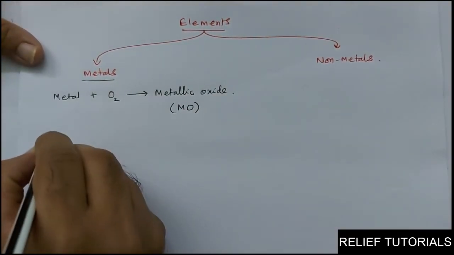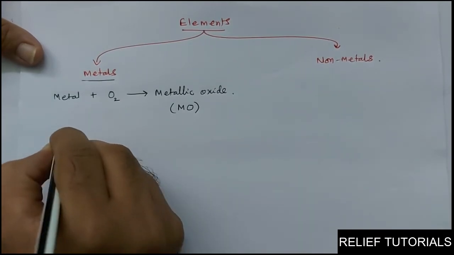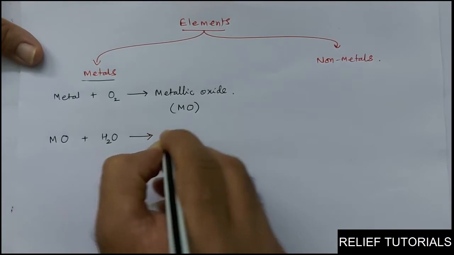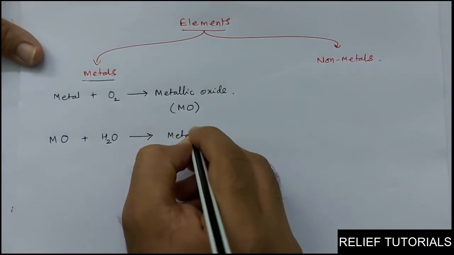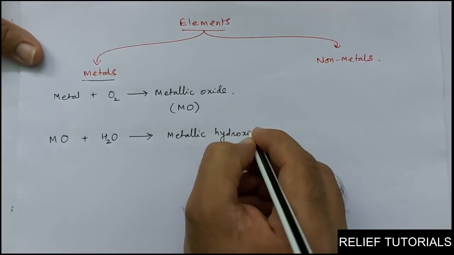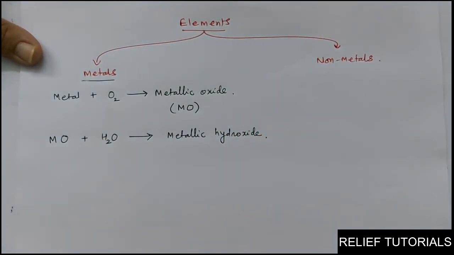Now when this metallic oxide is dissolved in water, it forms metallic hydroxide.